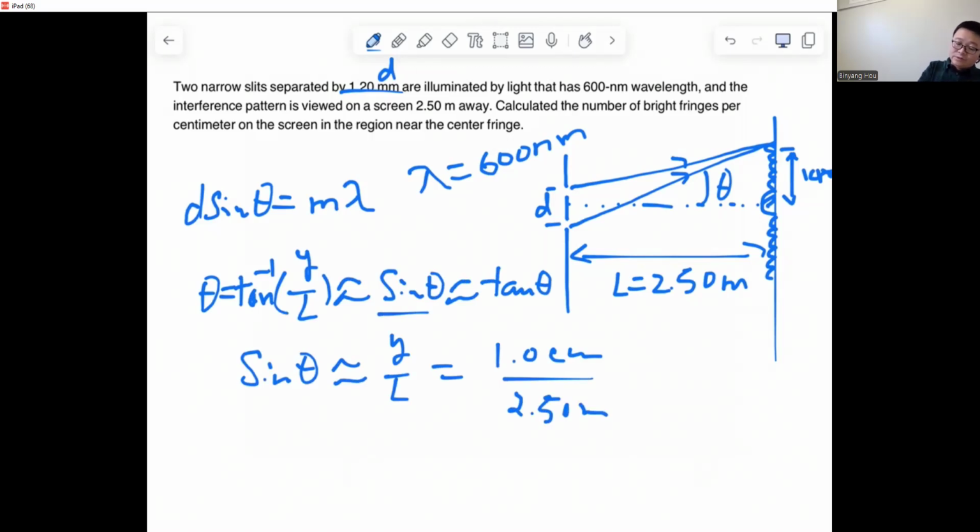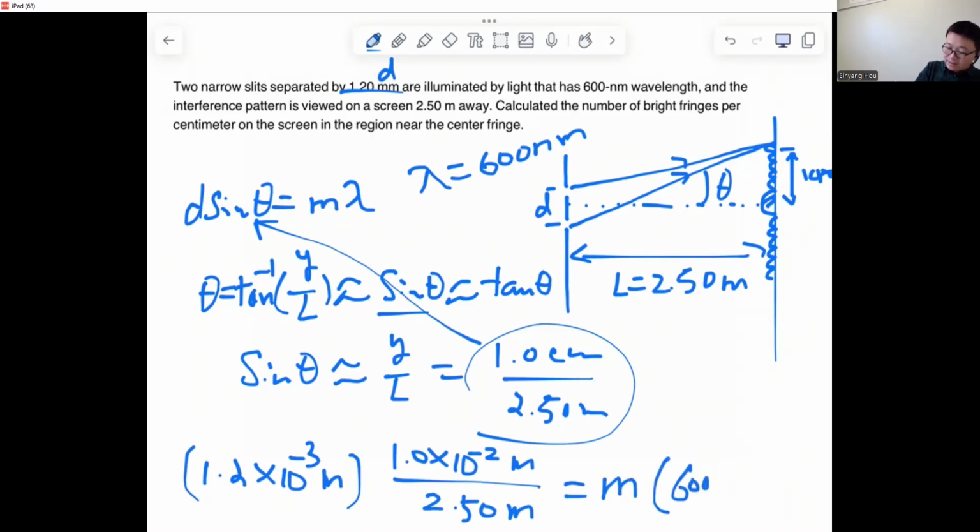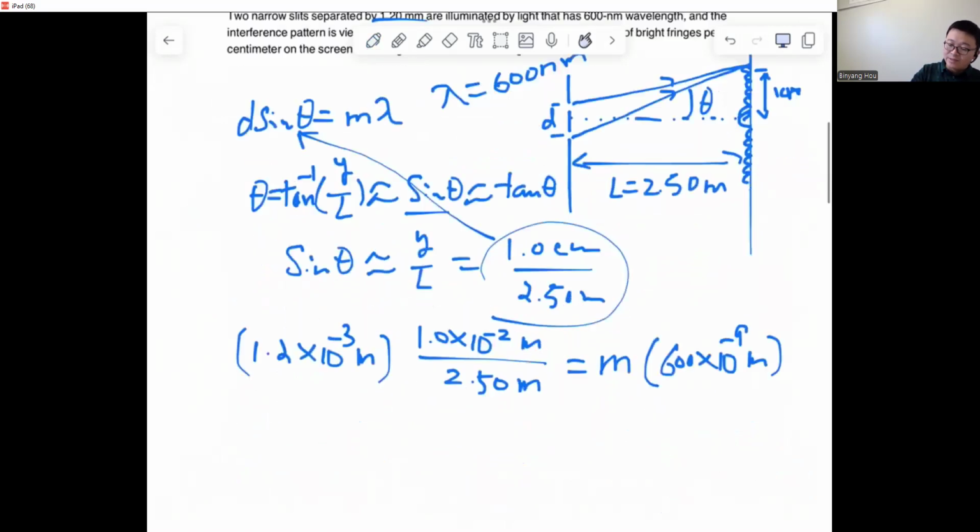And then we know d, so this guy will go in there. Okay. And we can say now in the equation, 1.2 times 10 to the minus 3 meters, times 1.2 centimeters, so 10 to the minus 2 meters, over 2.5 meters, equals m times lambda, 600 nanometers, okay, and we can solve for our m based on this equation.